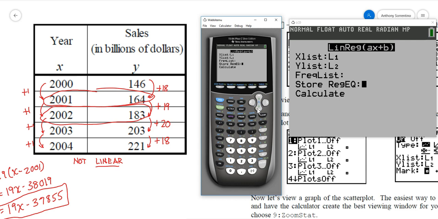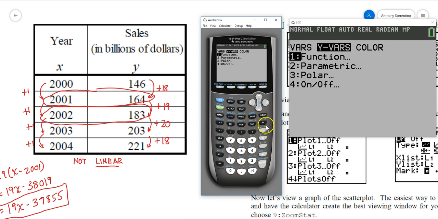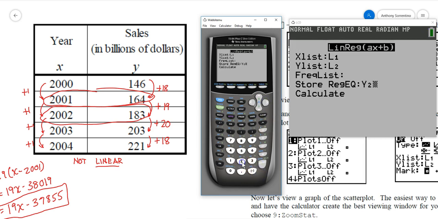You can just leave that alone and eventually just use the regression equation command. Depending on your calculator model, this may not be available here, so you might have to deal with that at a later time. But I could now go to variables and choose Y2 to store it there.